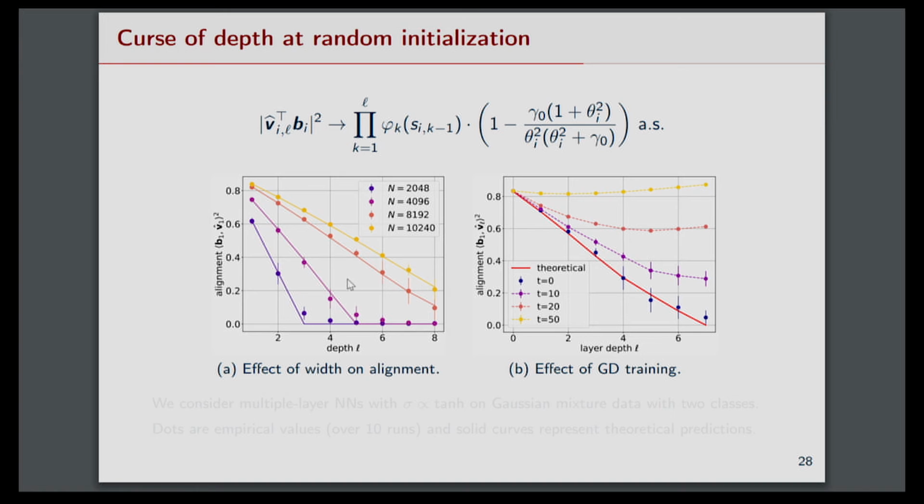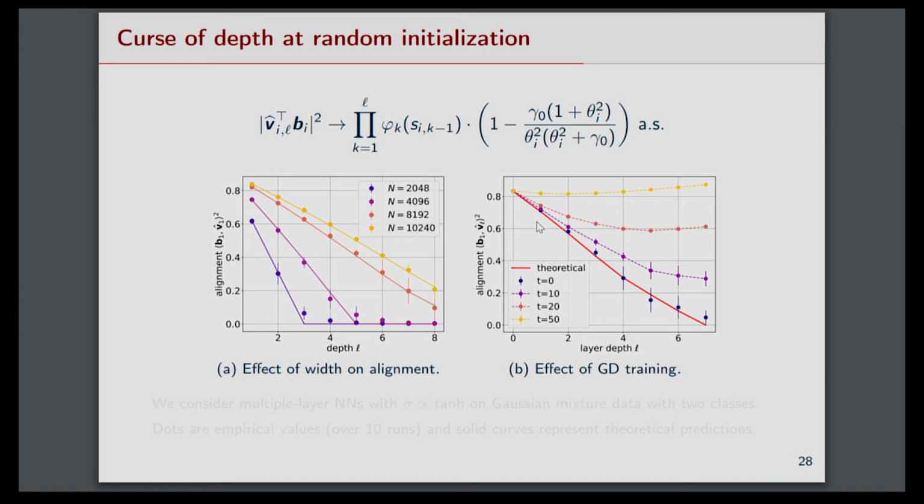Here are some plots for the eigenvector alignment between the input spike eigenvector and the spike eigenvector at the L-th layer. This is the random case for different numbers of neurons at each hidden layer. As the depth increases, this alignment decreases, and eventually it goes to 0. I plot this for different numbers of neurons. The second picture is the case where we have the trained neural network.